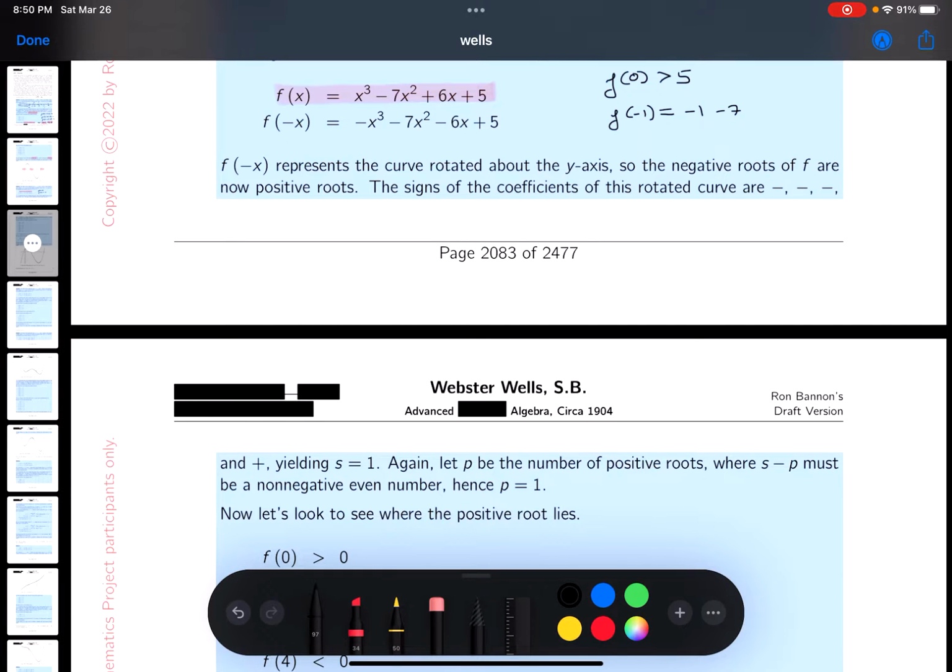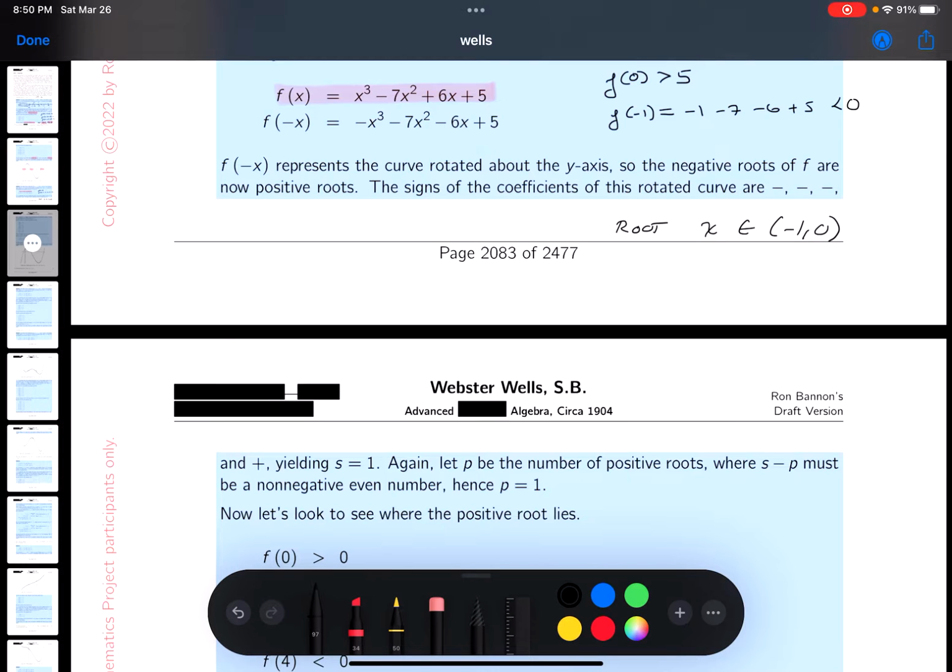We're doing minus 1, right? Minus 6, plus 5. And that's definitely below 0. So now I know there's a root. And the root's going to be between minus 1 and 0.